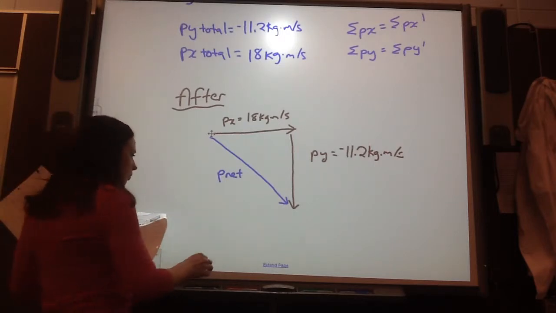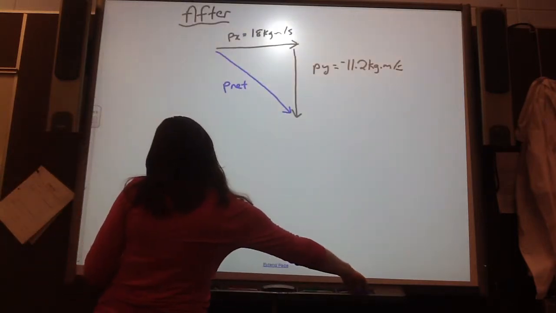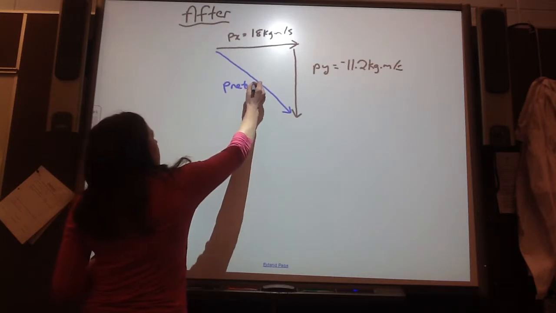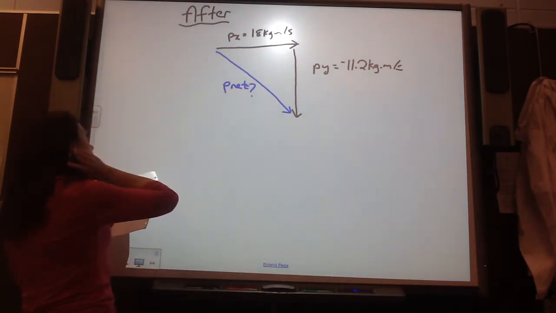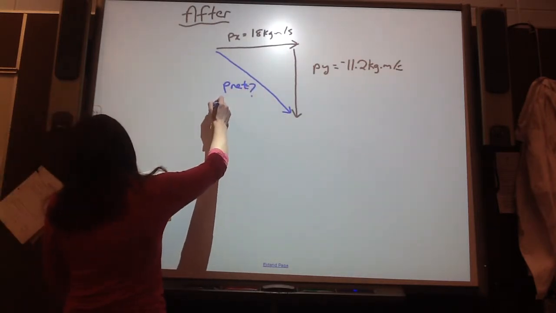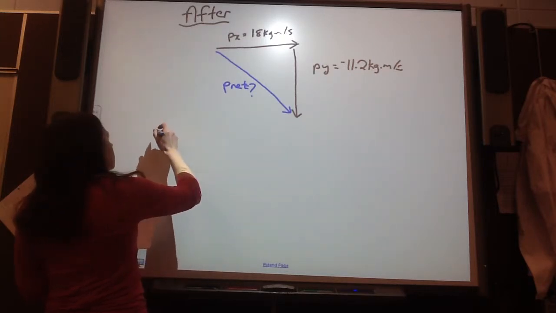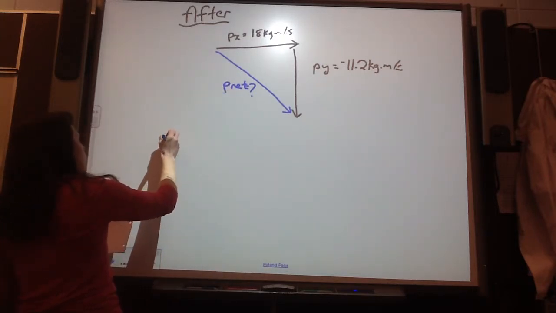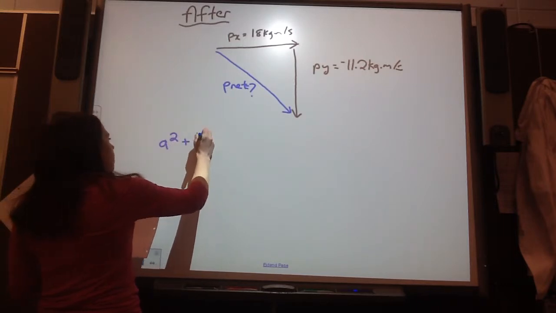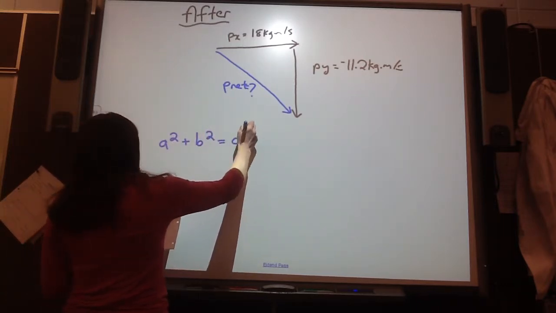So our P net is equal to question mark. Well, we know our mass. Well, I'll just go with this first. So to figure out our P net, we use a squared plus b squared equals c squared.